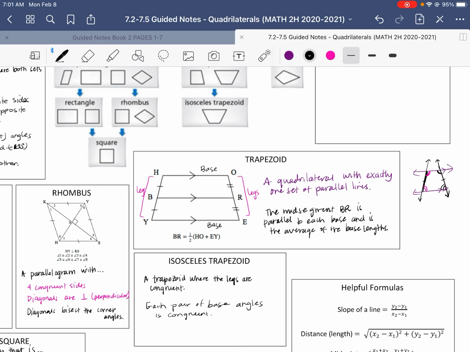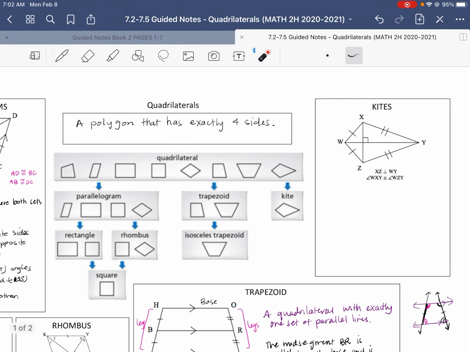And the cool thing about isosceles trapezoids is your diagonals are congruent. So again, looking over at this diagram, that's kind of what we're talking about. Both sets of base angles would be congruent. These upper ones would be congruent. If I were to draw diagonals in here, they don't bisect, but they would be equivalent in length.